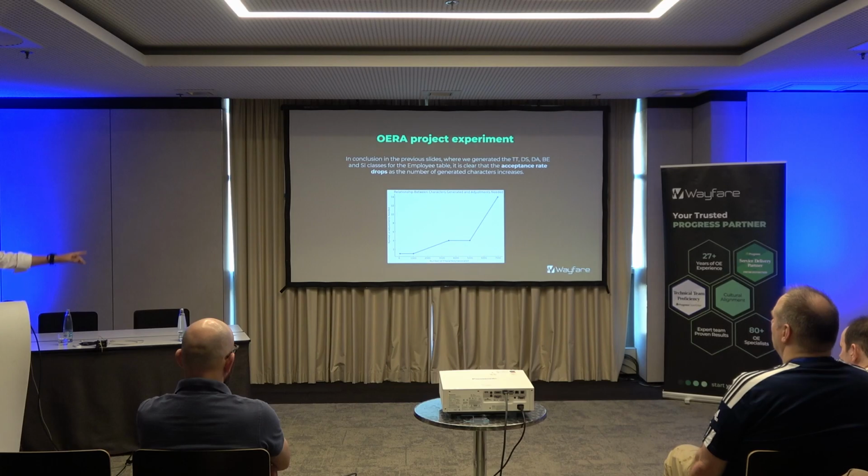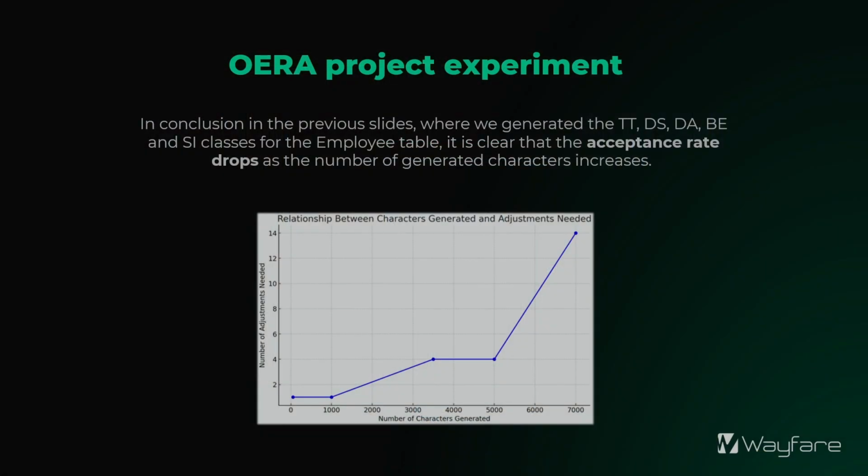As you see here, we have the number of adjustments on the y-axis and the number of generated characters on the x-axis. When we reach 5 to 6,000 characters, the number of prompts for adjustment, what we wanted, really increases from 4 to 14.